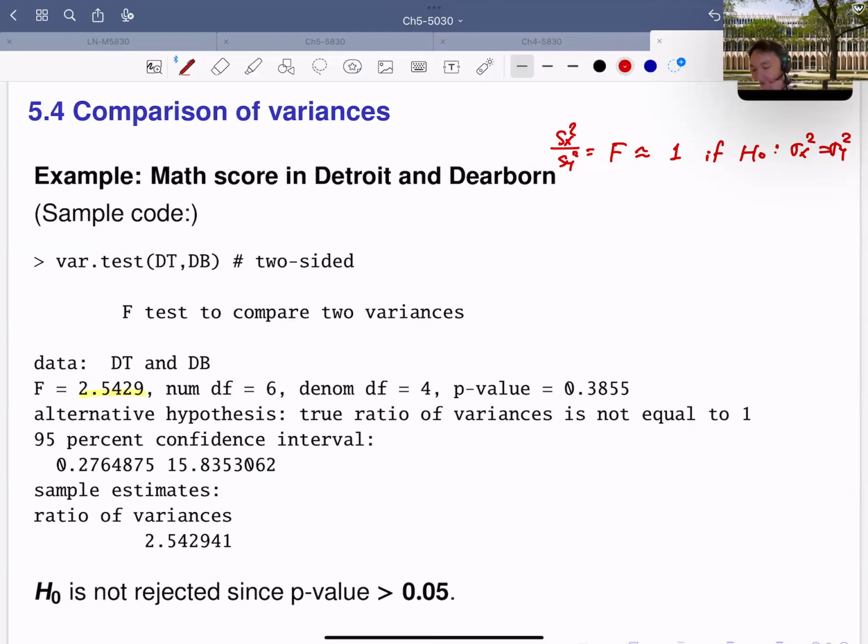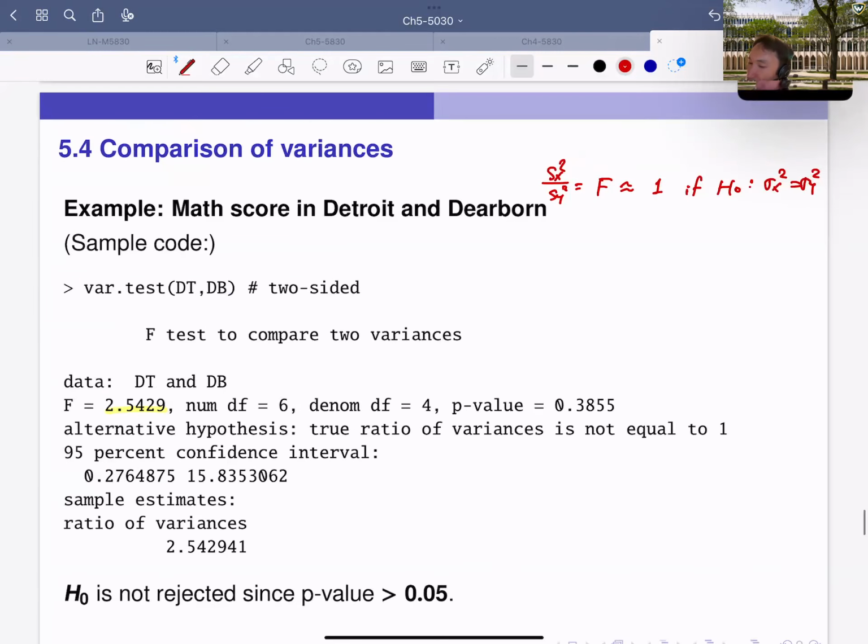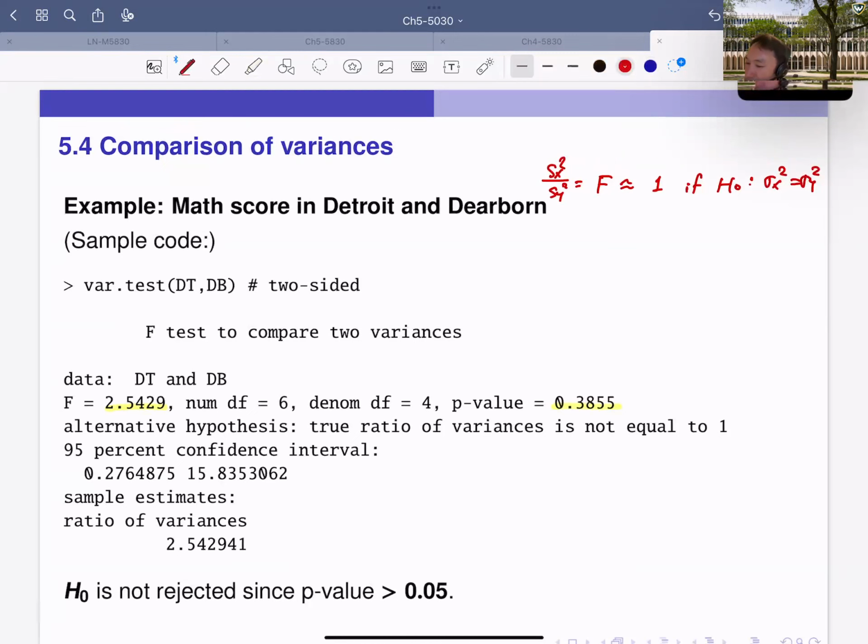It's slightly larger. Maybe the difference is significant. That is our conclusion. But when we calculate the p-value from this test, that p-value is 0.38, much larger than 0.05. So statistically, we cannot reject the null hypothesis.